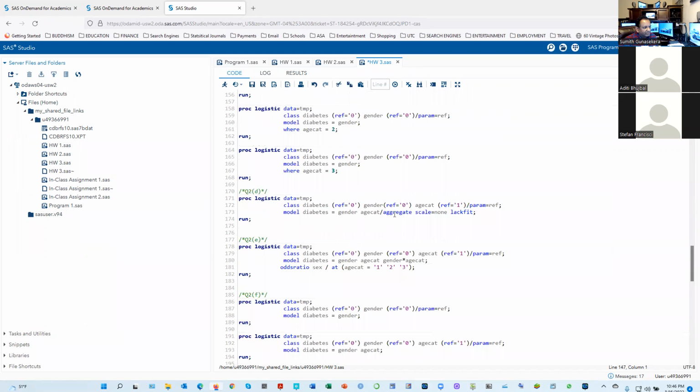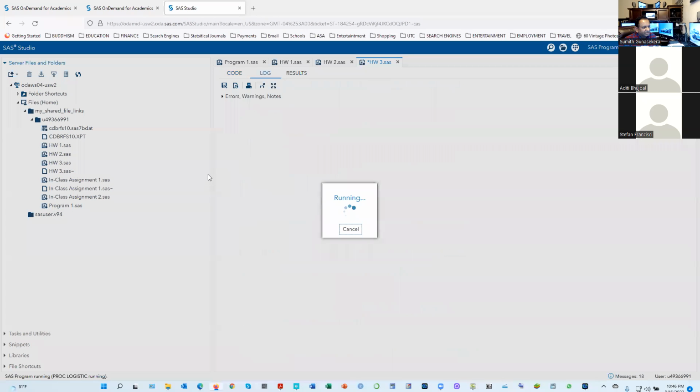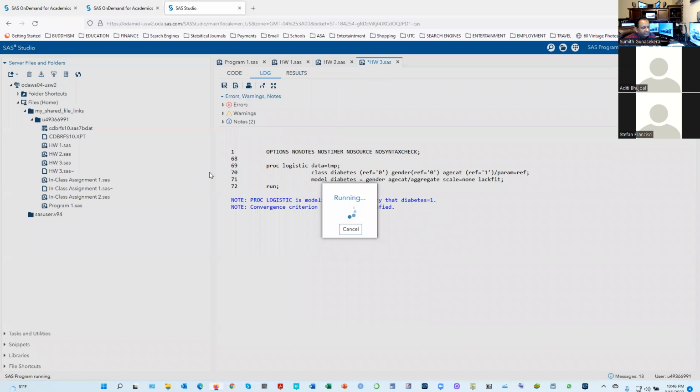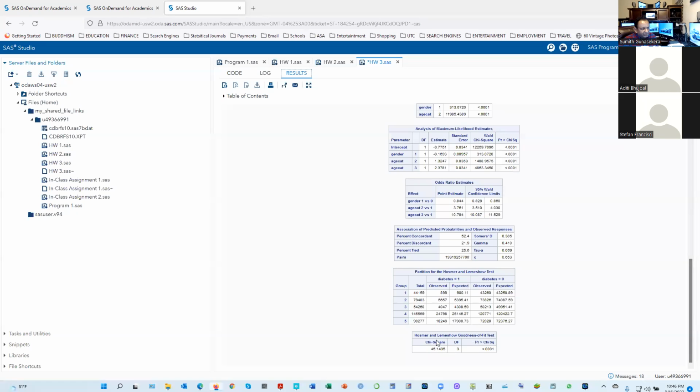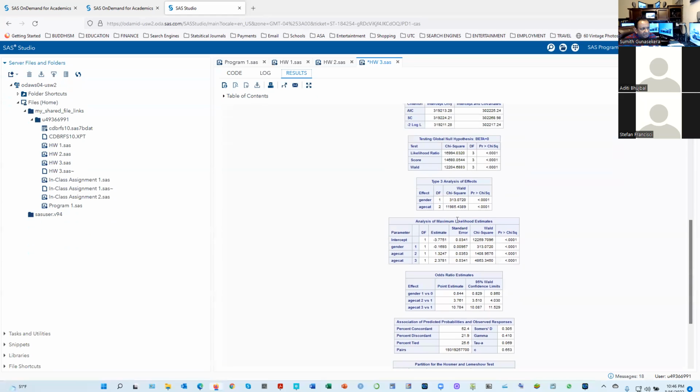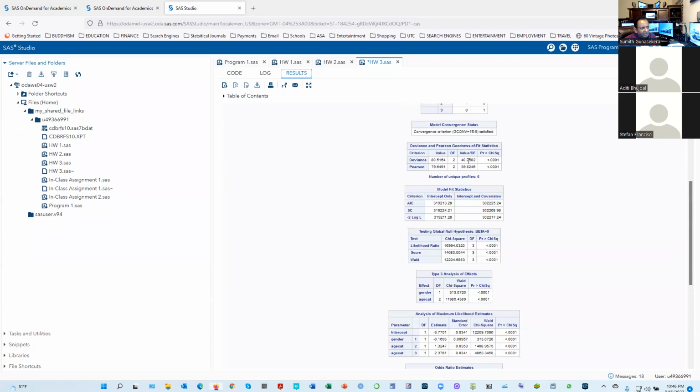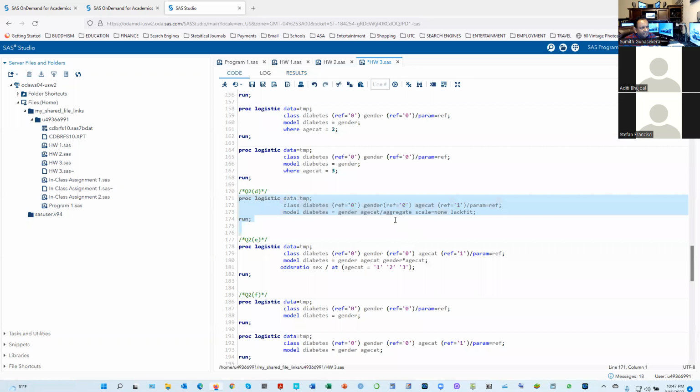Okay, I'm going to run this one here. Under 2D, I'm running that one again, because I want to see the deviance. That's why I put that command. See here, the p-value for the deviance test is almost 0. You're going to get that one by the aggregate scale option; none will give you that one.